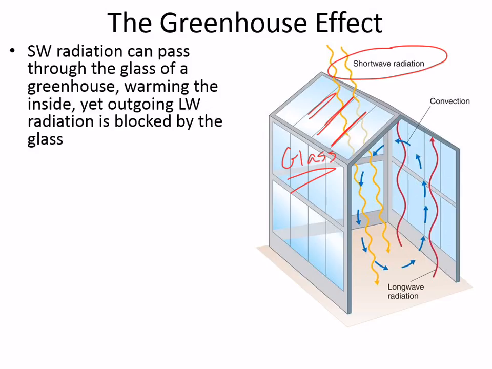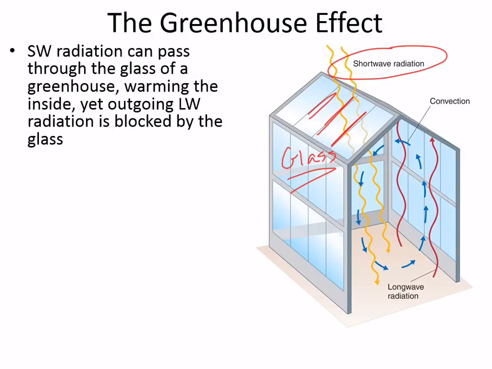If you've ever gotten in your car during the daytime, and my car has black on the inside right now, in the daytime that light comes through, it interacts with my upholstery, and my upholstery heats up. So it makes my car warm, but the deal is, although glass lets in short wave, it won't let infrared back out.